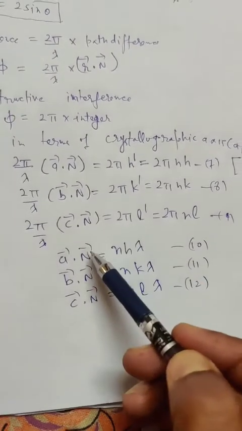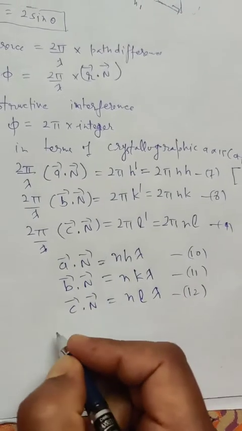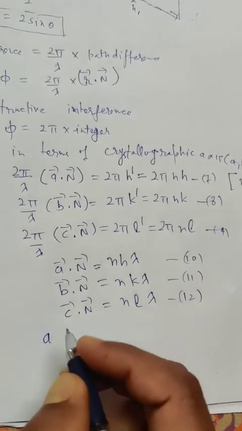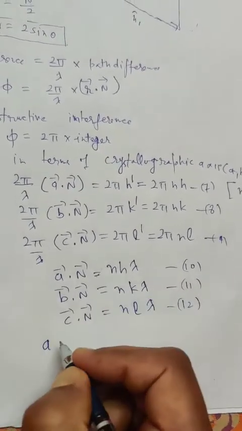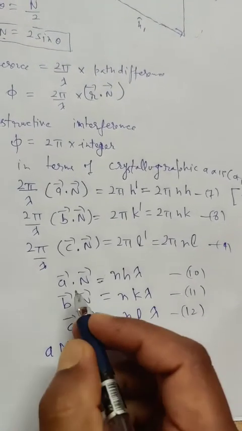Now if you solve the left side of these equations, taking the dot product, A dot n will be A n cos alpha.